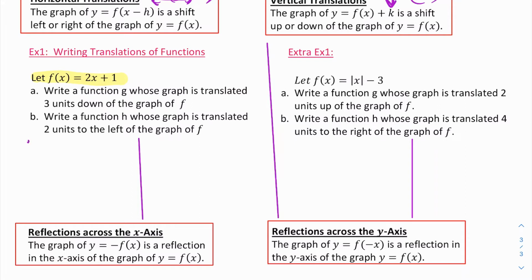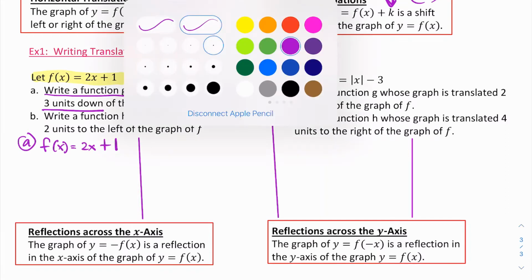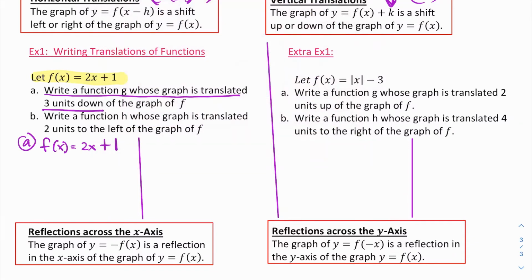For part A, they would like us to write a function whose graph is translated 3 units down. So I'm going to write the original function, f of x is equal to 2x plus 1. When it says 3 units down, that's a vertical translation, so that's k.